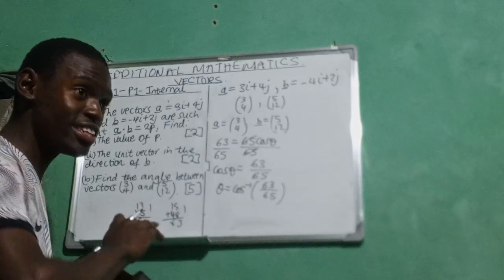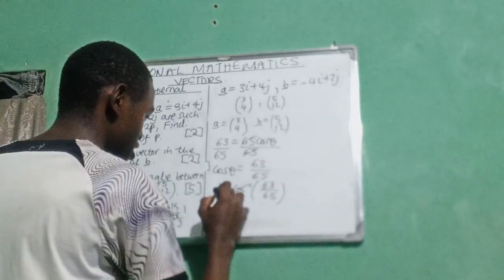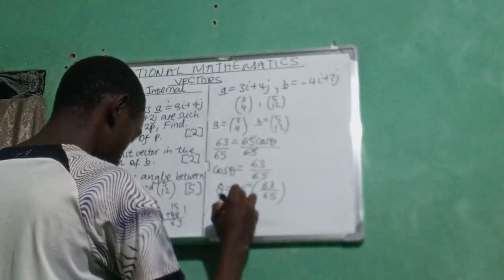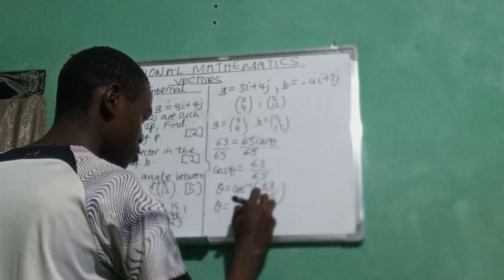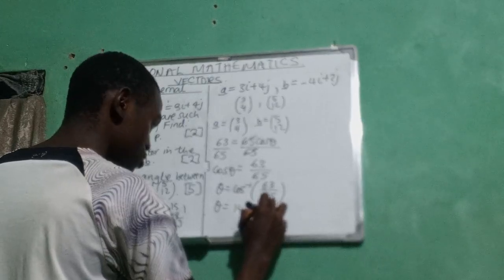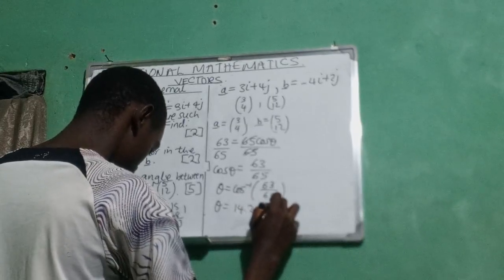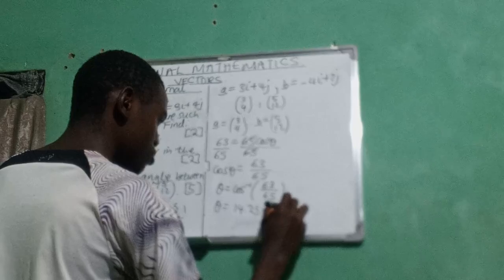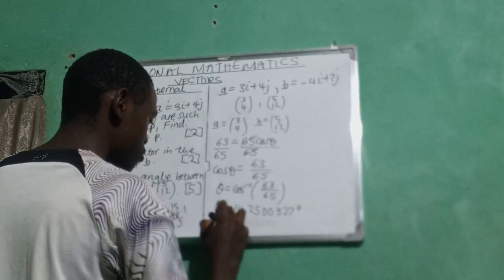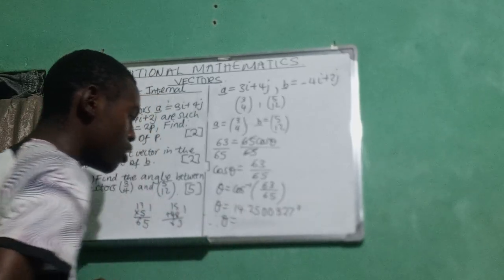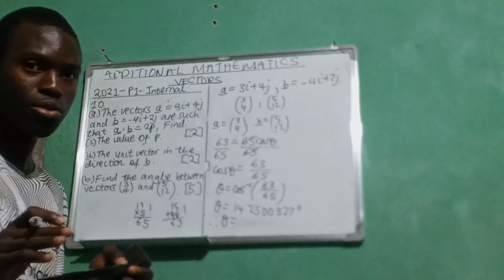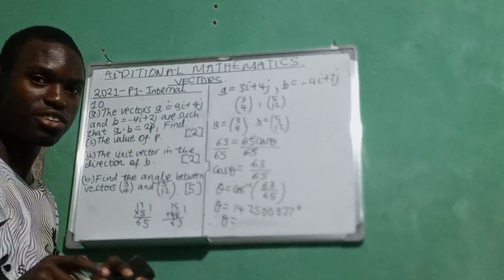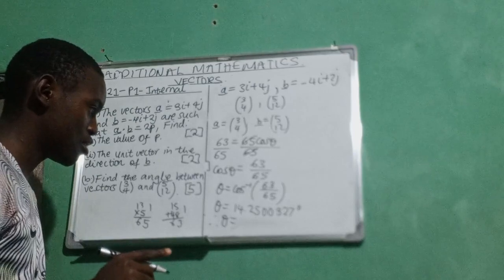Okay, let's just write the entire answer. Theta is equal to 14.2500327 degrees.